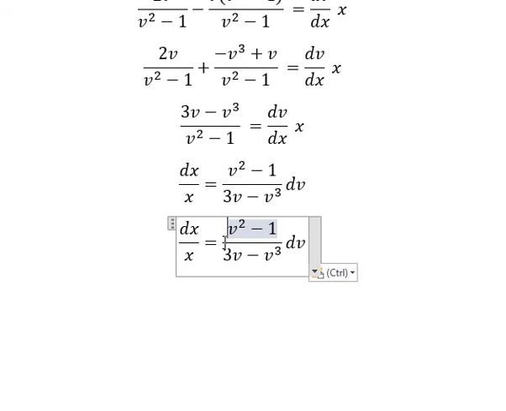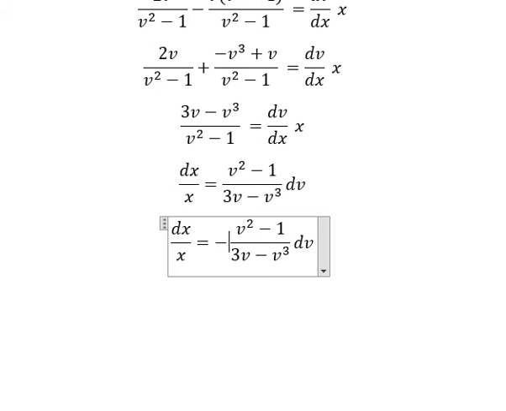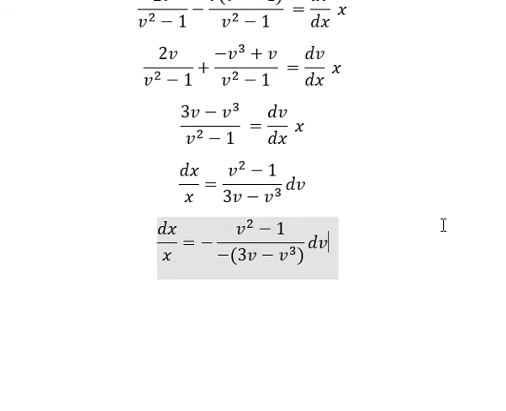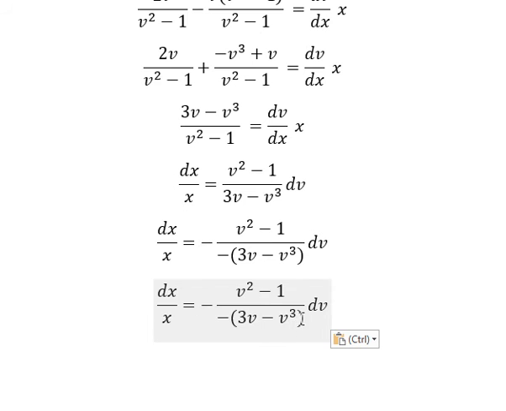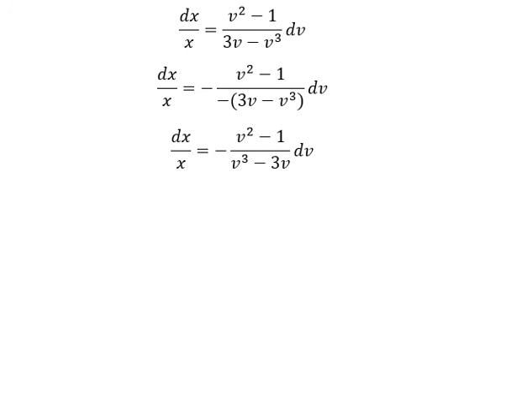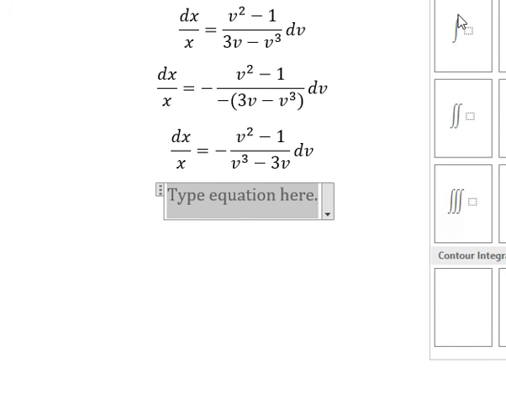So we put the negative in here, and then we have another negative in here. So we need to change the sign of this one. Next, we put the integration for both sides.